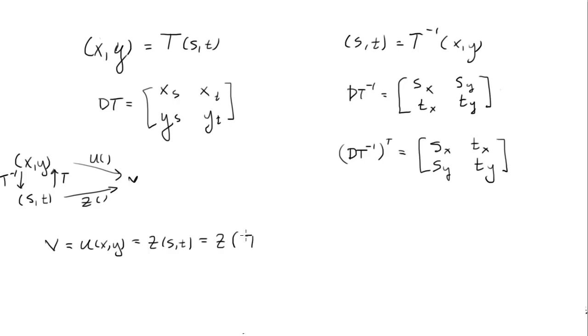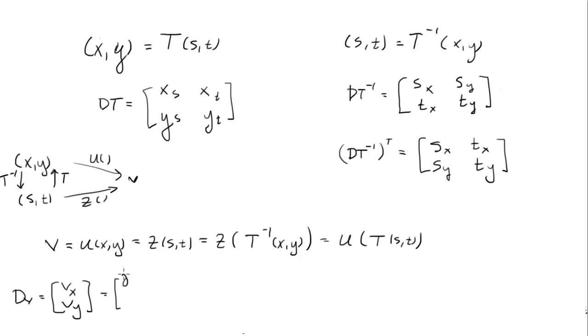And it could be a function of (x, y) through either z or u, and it could be a function of (s, t) through either u or z. So dv as an operator, it's the partial acting on the scalar v.